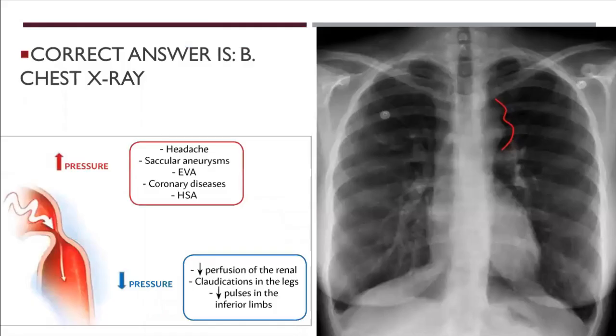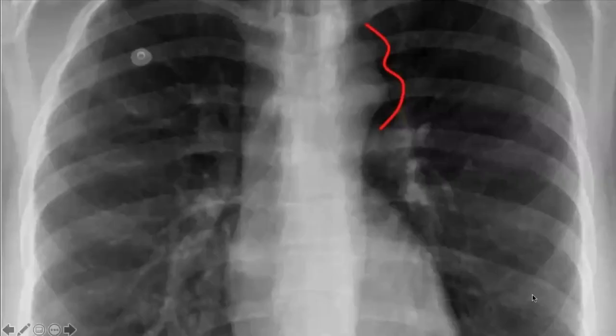They always teach us to do the easy one, the chest X-ray, first, because you can see the sign and diagnose the coarctation of the aorta. So just remember the figure 3 sign for coarctation of the aorta.